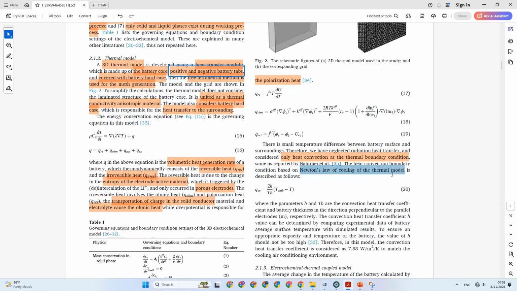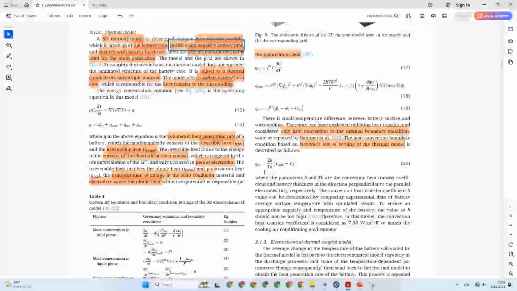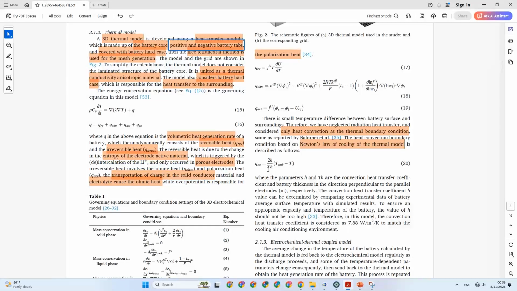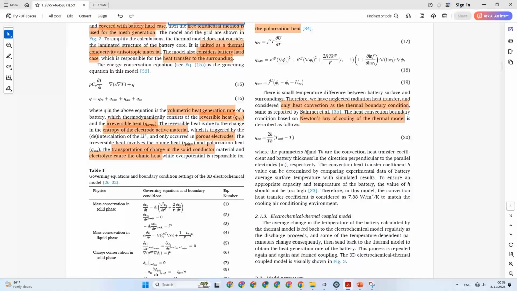Okay, that is number 20. Qx is 2h divided by th times Tm minus T, where the parameters h and th are convection heat transfer coefficient and battery thickness in the direction perpendicular to the parallel electrodes, respectively.